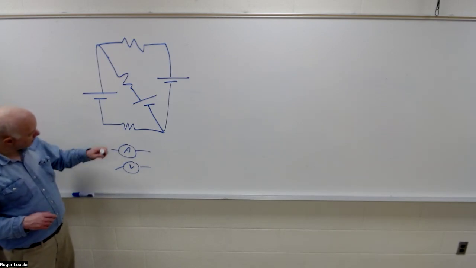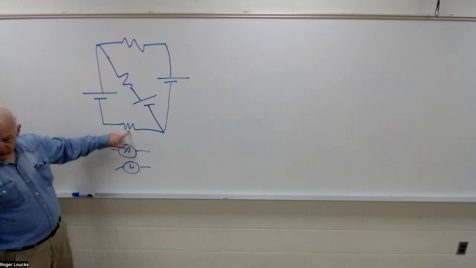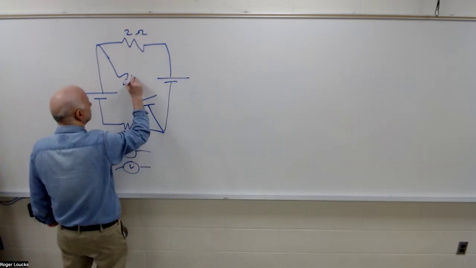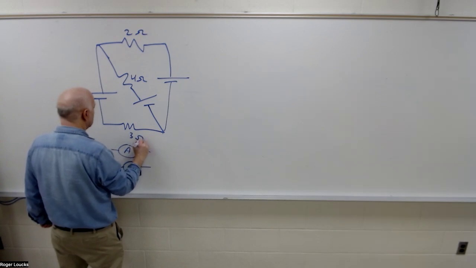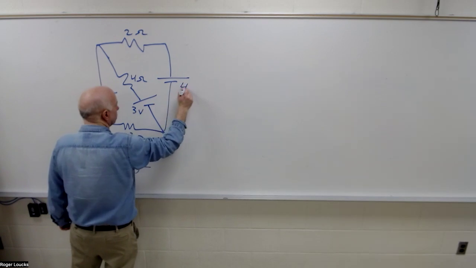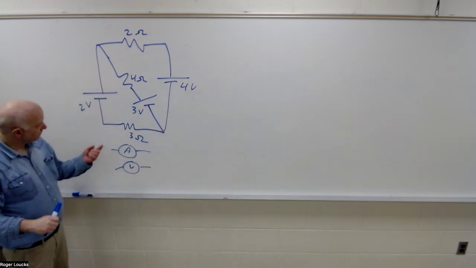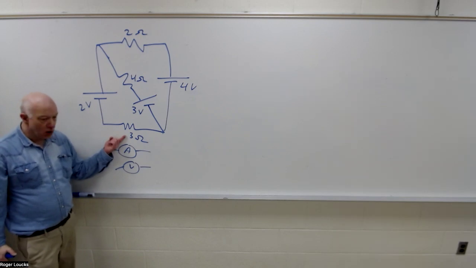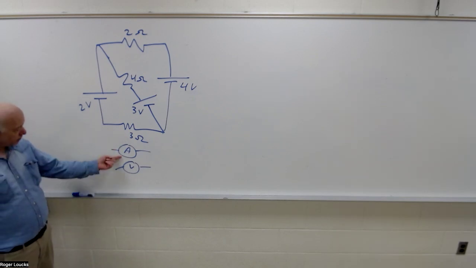If I want to measure the current in this resistor right here, let's give these some names. I'll make this 2, I'll make this 4, I'll make this 3. Make this 2 volts, I'll make this 3 volts. Suppose I want the current going through this 3 ohm resistor here. Where would I have to put this ammeter?